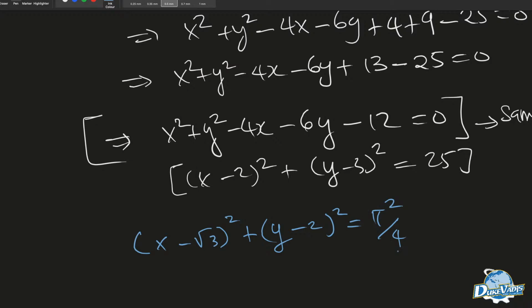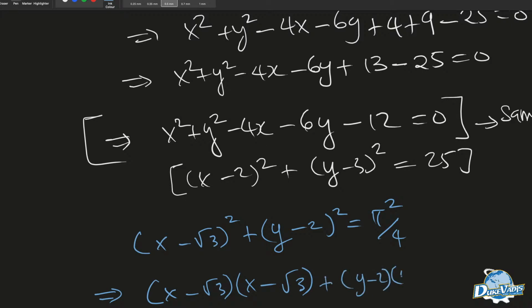So we have to do it the same way. So (x minus root 3) into (x minus root 3), plus (y minus 2) squared is equal to pi squared over 4.